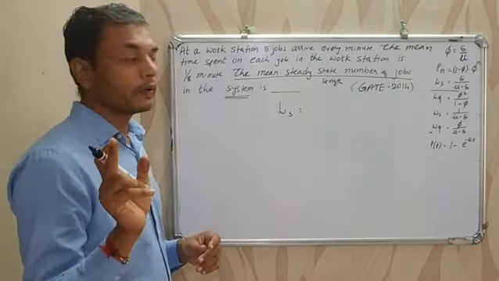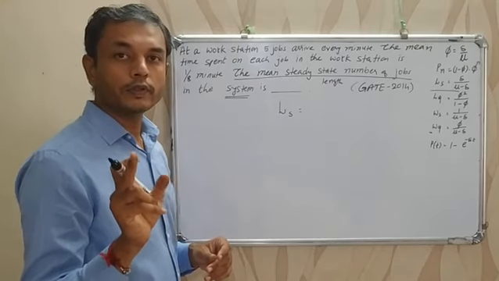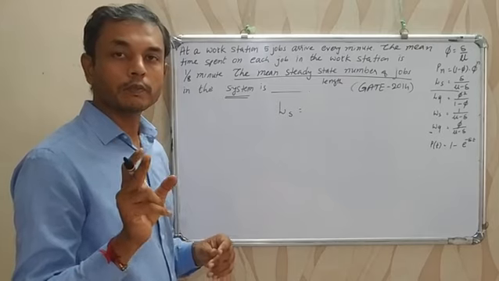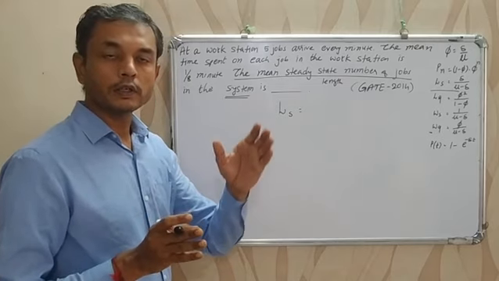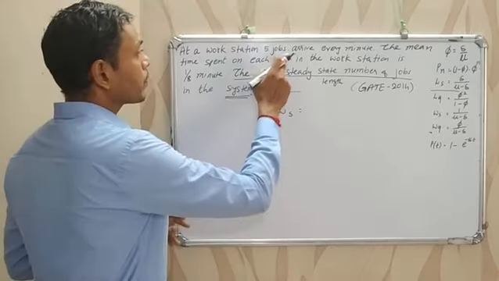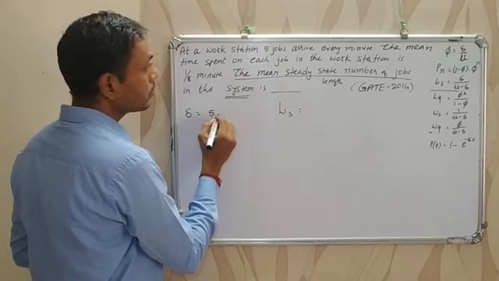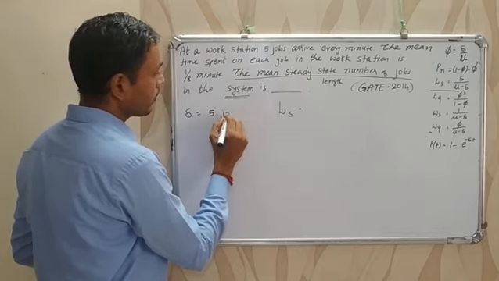Now remember, your arrival rate and service rate must both be in the same unit, that is, number per unit time. So here the arrival rate delta is equal to 5 jobs per minute.